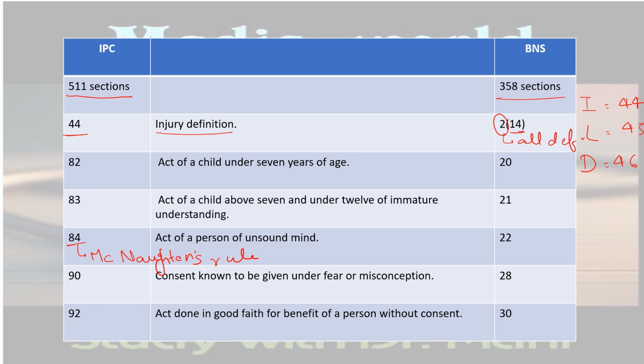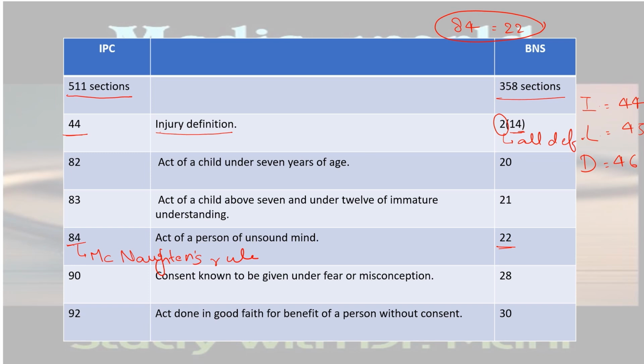So, in BNS, 84 is replaced by 22. We have to learn it. 84 is equal to 22. Now, if we remember this, we can correlate other sections by this only.